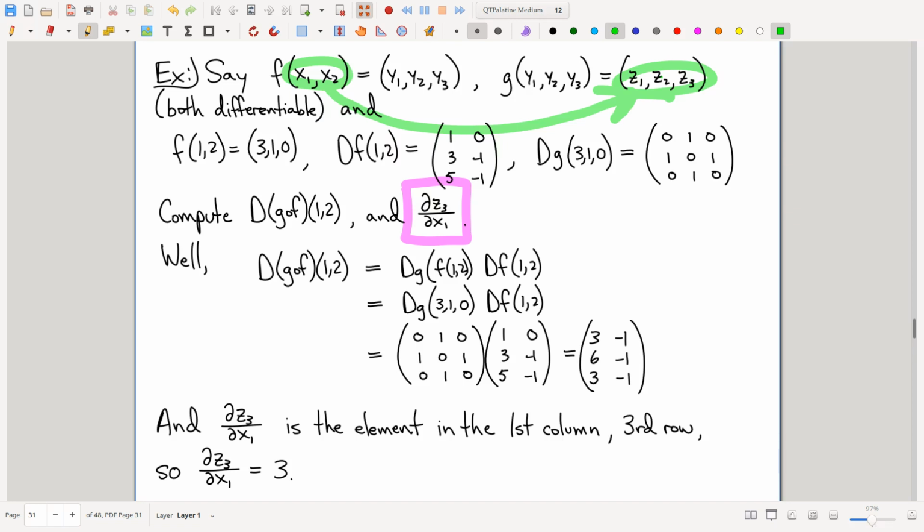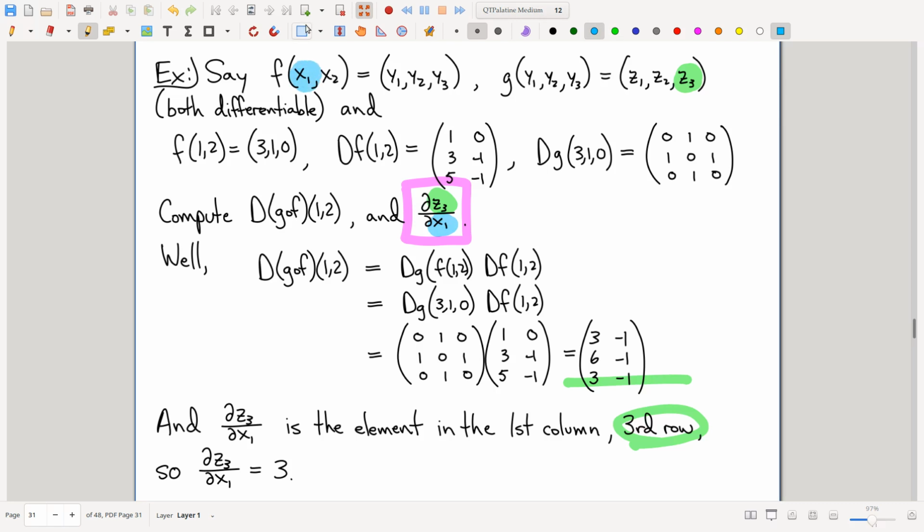Okay. Which element? Well, it says z3. z3 is the third output variable. So we need to look in the third row of our matrix. So it's going to be somewhere in that third row. Also, we're looking for a partial with respect to x1. x1 is the first input variable.